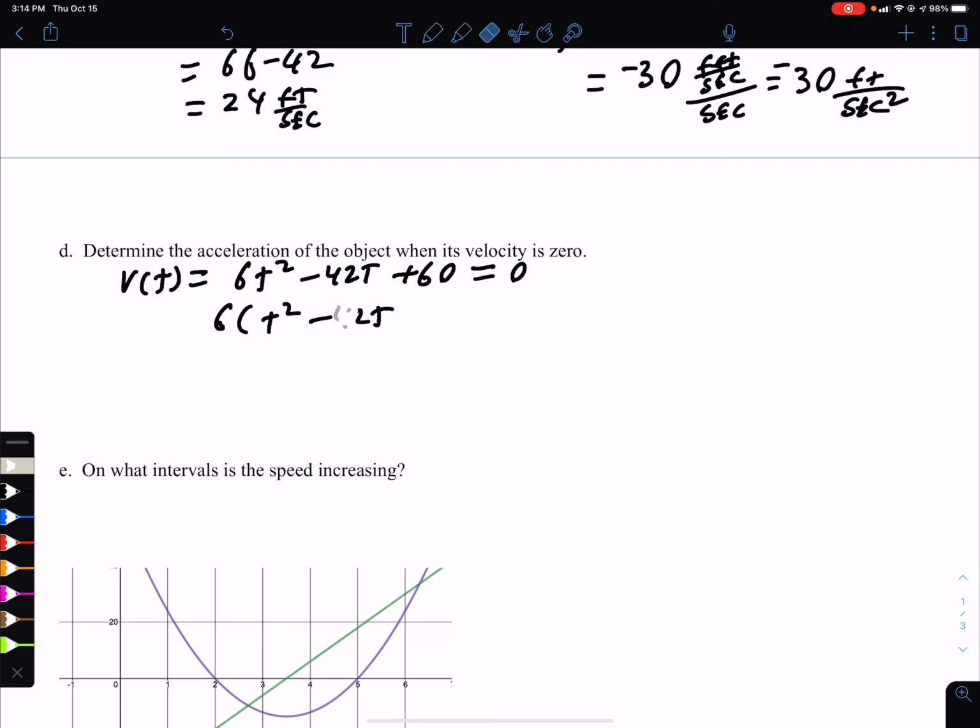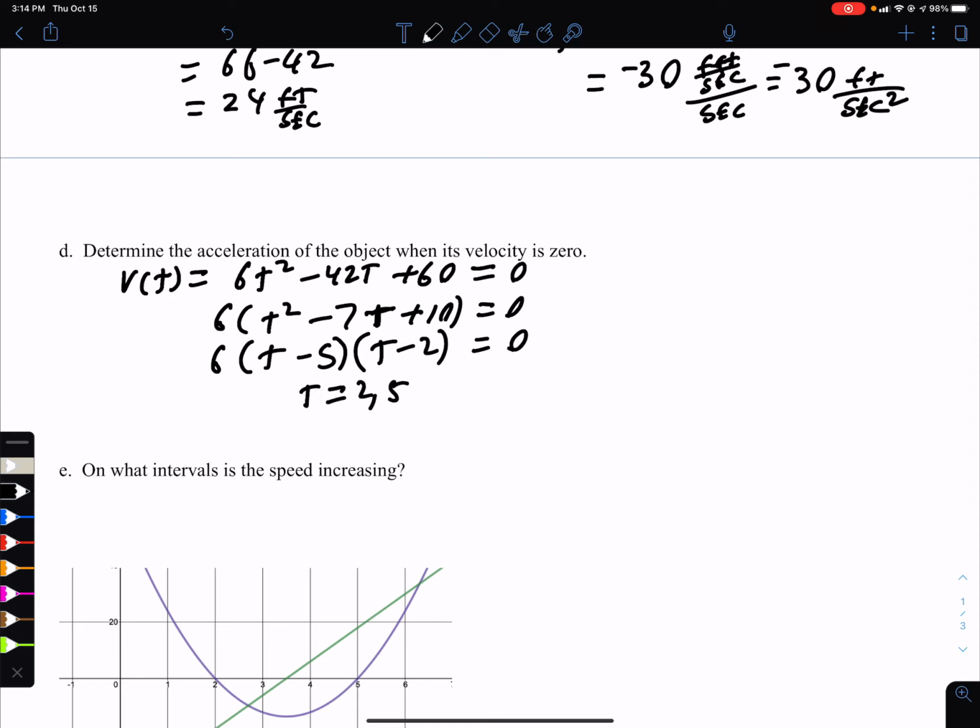That's not right. That's 7. Oh, I actually did this earlier, didn't I? I did. So it's going to be t minus 5, t minus 2. And so 2 and 5, those are the two times where the velocity is 0.